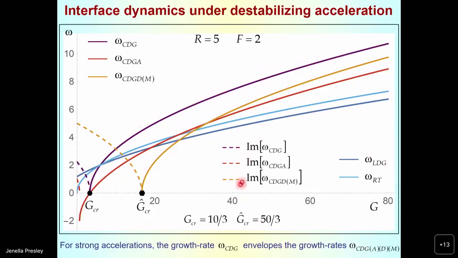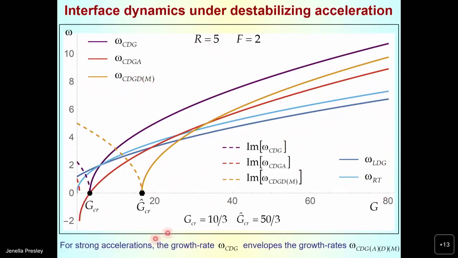I think the red one describes the advection dynamics, and this yellow one describes the diffusion or a low Mach number dynamics, because they might behave similarly in a certain parameter regime depending on what the thermal heat flux is. But we may always select it like that. The two blue curves, here and here: the light blue is the Rayleigh-Taylor instability, and the dark blue is the Landau-Darrieus instability in the gravity field.